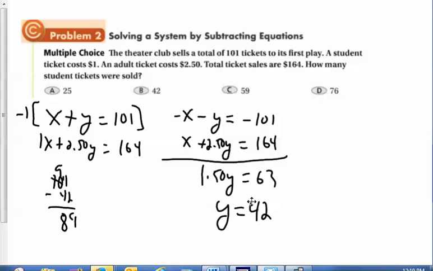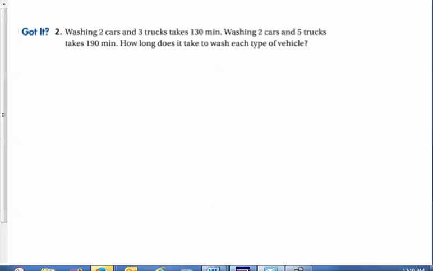Oh, 9, that's 59. I have a problem adding. Sorry. So 59 is what was sold. Easy enough. So for yours, I would have a variable for cars and trucks, and see what you can do on that one.